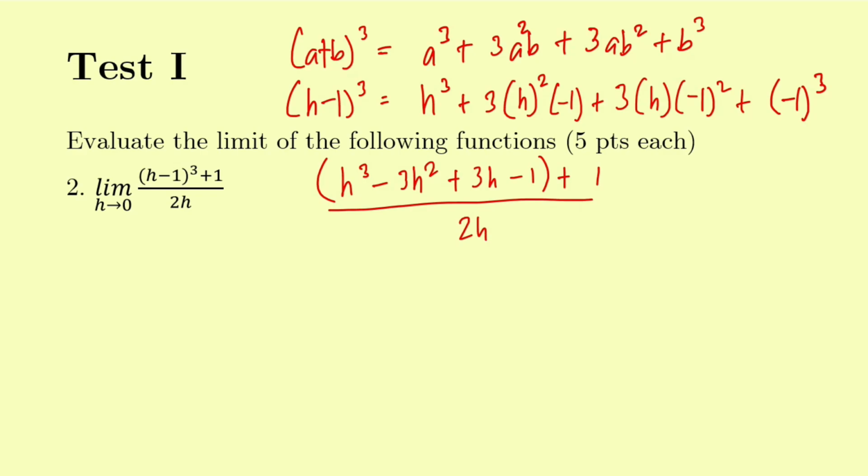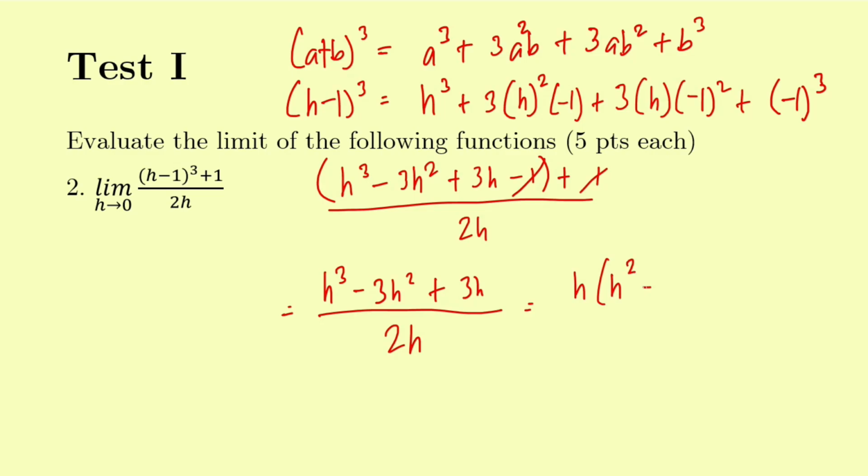And that's equal to h cubed minus 3h squared plus 3h. Cancelled out na ito. All over 2h. You can simply factor out h. It's equal to h times h squared minus 3h plus 3 all over 2h.